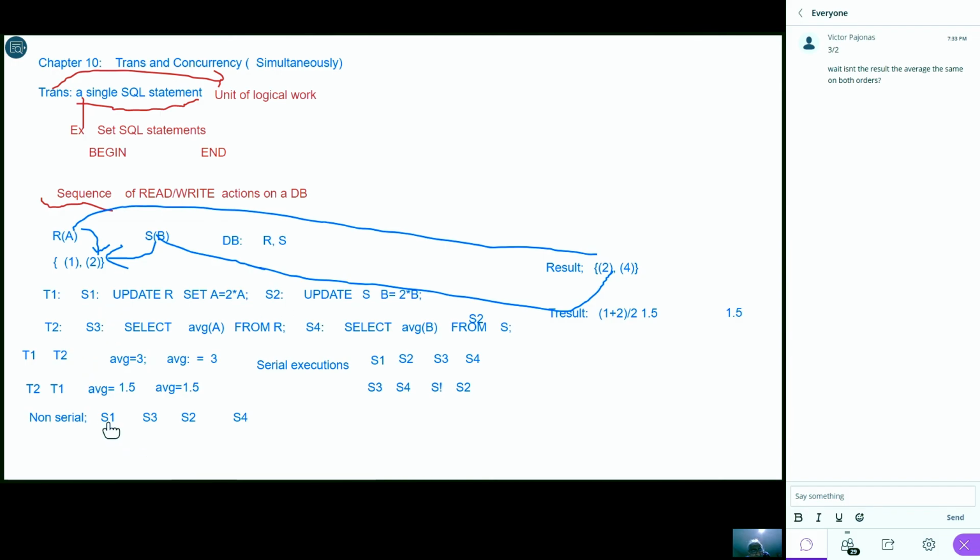Is that order maintained or not? S1 is happening first, S2 is happening later. In the second transaction, S3 is happening first, S4 is happening later. So this is a legal non-serial schedule. Legal. Okay, let me show you illegal so that you know when there is something illegal.